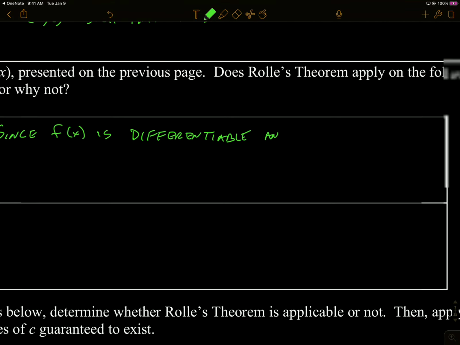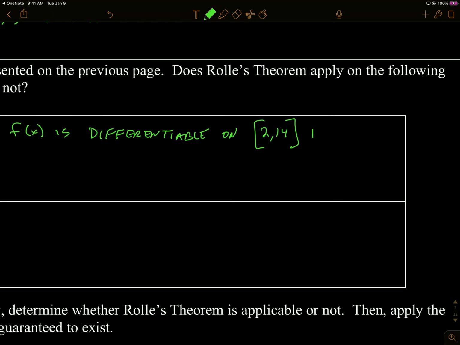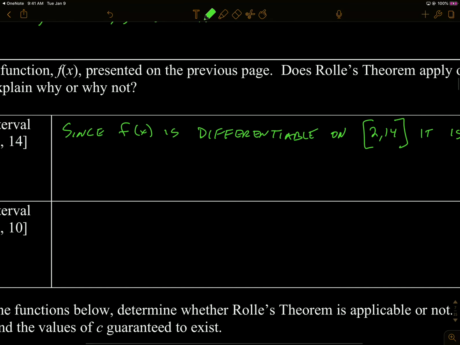So it's differentiable on the open interval 2 to 14. And it's also continuous on the open interval. We're just going to say that it's actually differentiable because we know the graph goes past 2 to 14. We're going to say it's actually differentiable on the closed interval, which means it's also continuous, because wherever a function is differentiable, it's continuous.